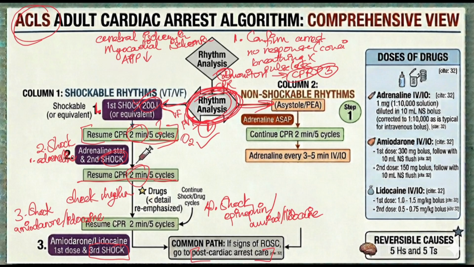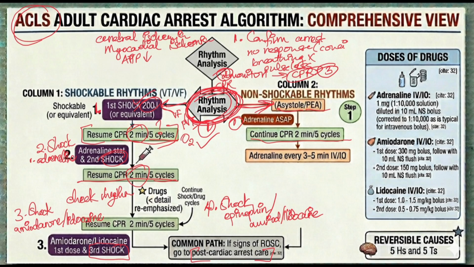If the rhythm is unshockable, we have an asystole or a PEA, and there has to be an underlying cause. The first step, of course, is administering 1 milligram of adrenaline as soon as possible, and then immediately continuing the CPR for 5 cycles.